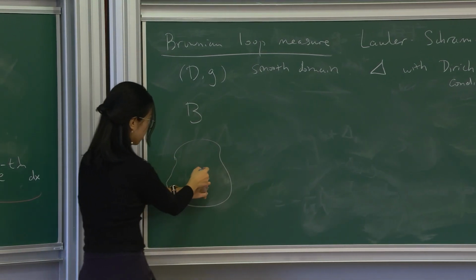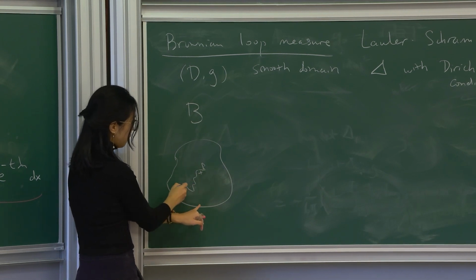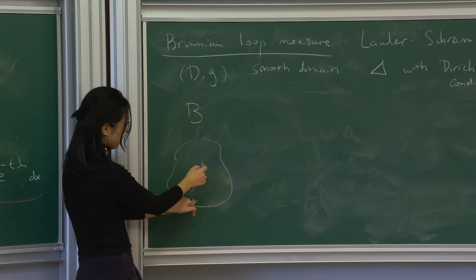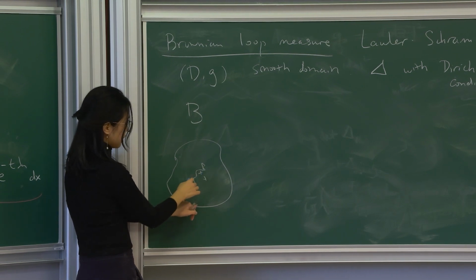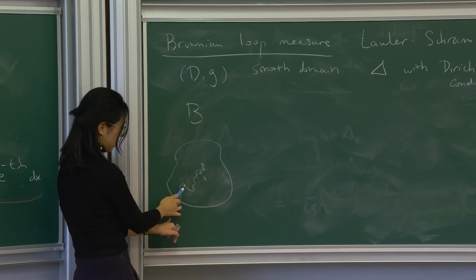It's a probability measure, okay? For each time t, this gives you a family of paths starting from x to some other point. And I'm going to throw away my Brownian motion if it hits the boundary.